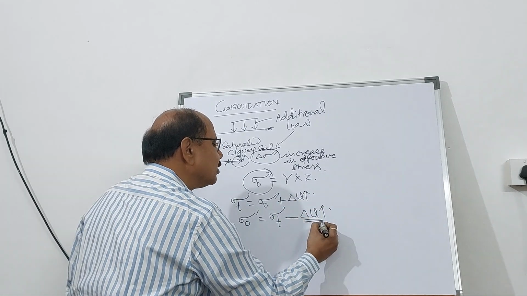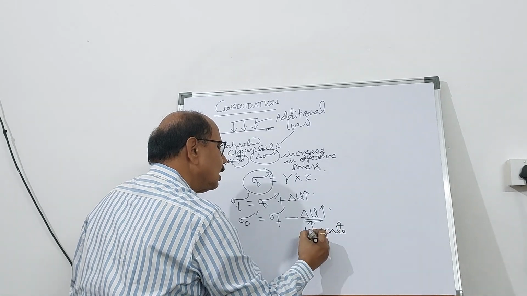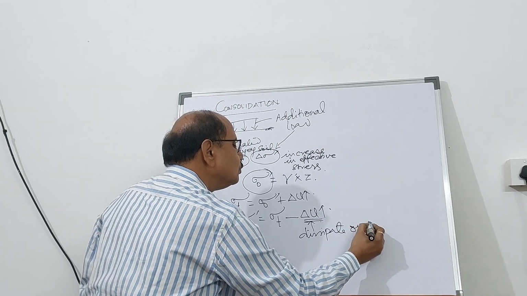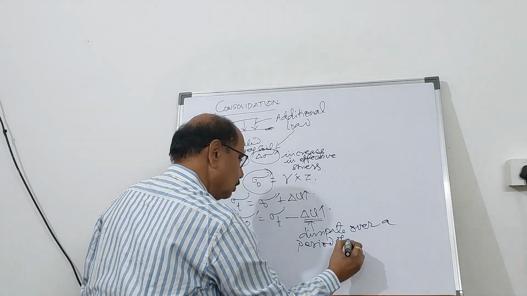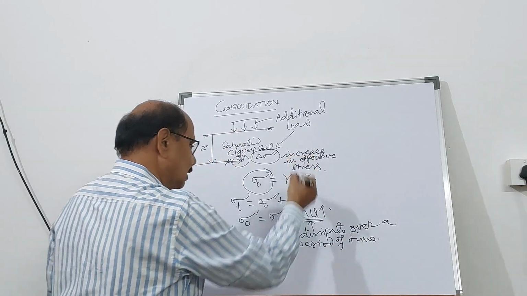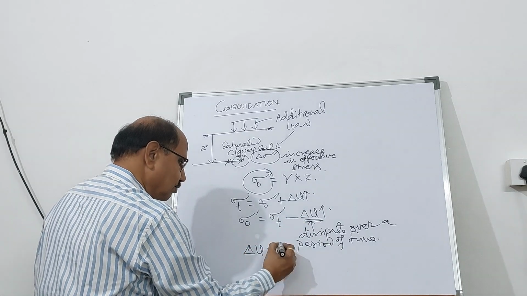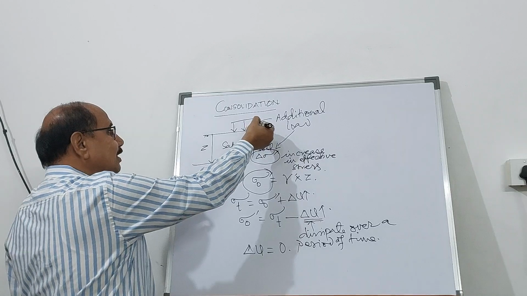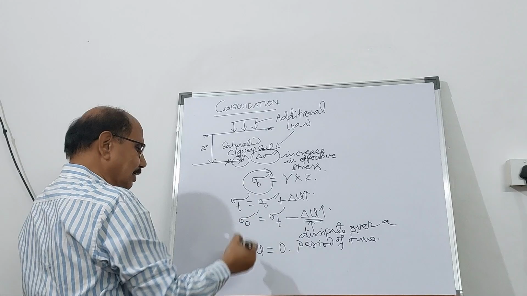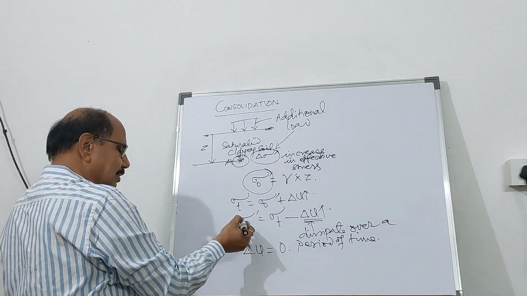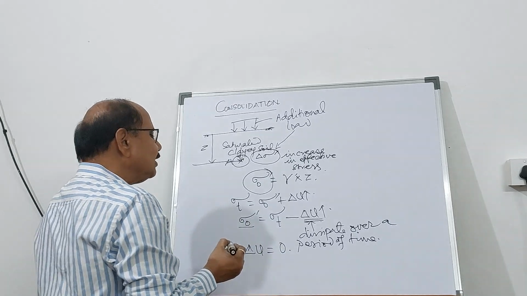This excess pore water pressure is going to dissipate over a period of time. And therefore, once it dissipates, this excess pore water pressure becomes 0, and this additional loading comes to the soil mass, the soil skeleton, and the effective stress is going to increase.